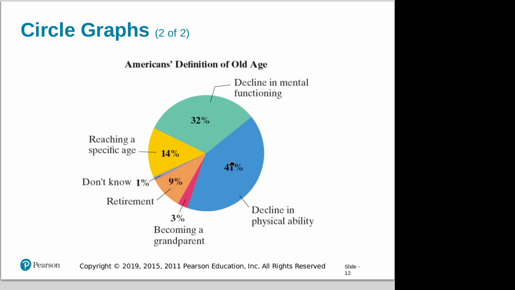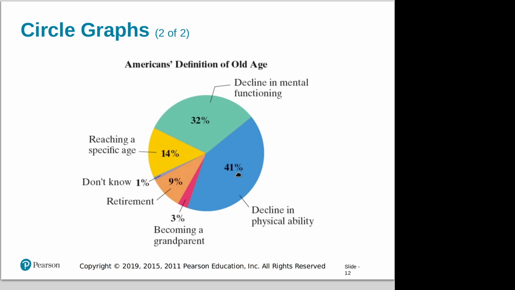Looking at this, I can see this darker blue. The decline in physical abilities is 41%, with the decline in mental functioning being 32%. In fact, the definition of old age seems to be decline versus ideas of reaching a specific age, retirement, becoming a grandparent.